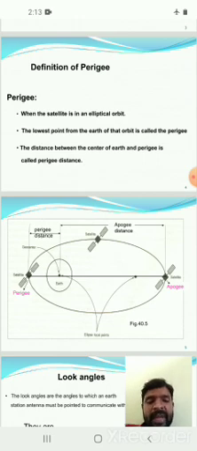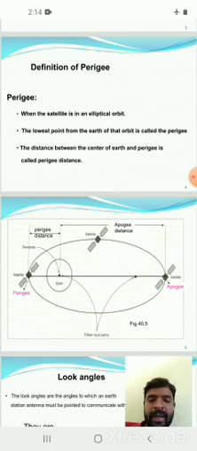That means if the satellite is in elliptical orbit, the farthest point from Earth to the satellite orbit is called apogee, or the distance from Earth center to the farthest point of the satellite is called apogee distance.